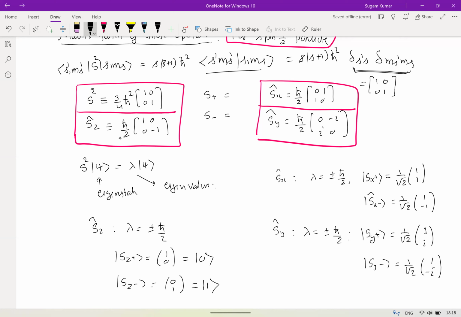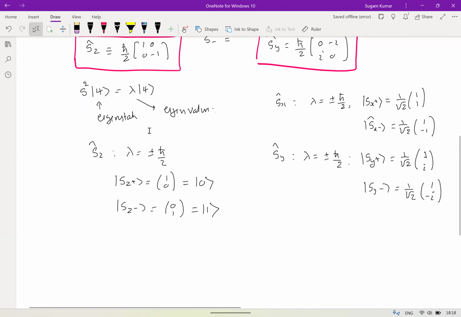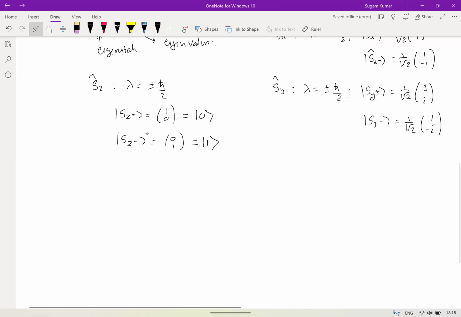Similarly, we can try to look at, let's go back to our SG experiment.